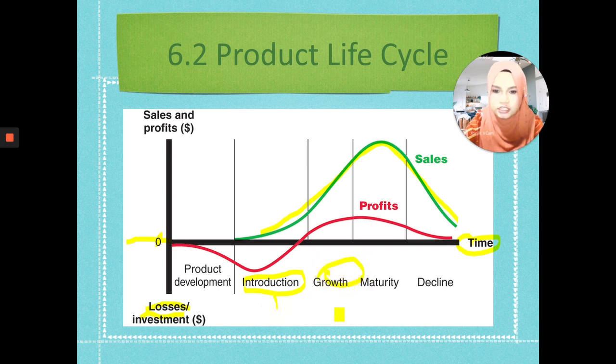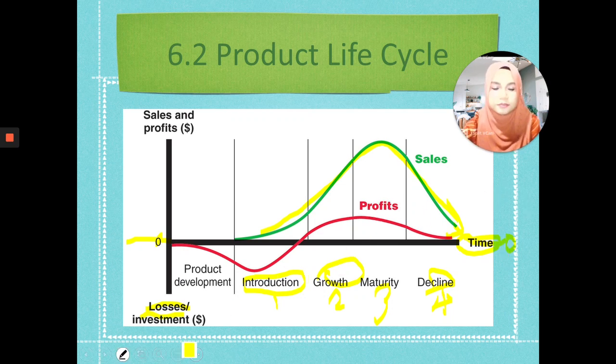The second stage is growth, then the third stage is maturity, and lastly the decline. At the fourth stage, you will see that the sales start to go down until, over a period of time, it becomes zero. That means the product is dead. That means normally you don't produce the product anymore.